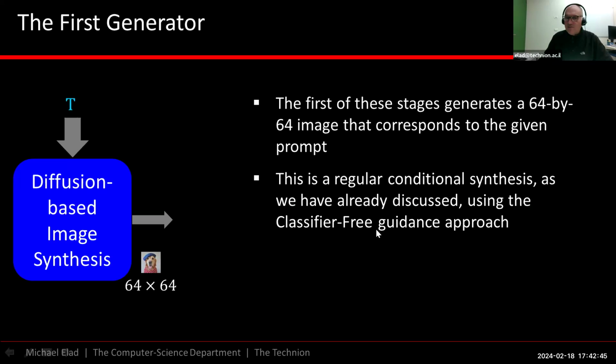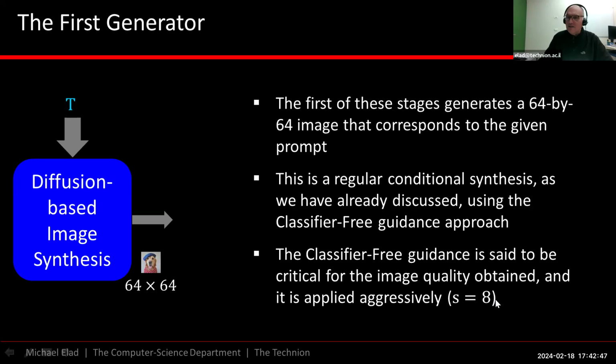And they do classifier-free guidance with S equals 8. So they squeeze S truly very high in order to get pronounced results. Okay, and they show in the paper what happens if S is smaller. You get images that serve the prompt itself less well. So they found that they need to push S. They are not the only one. I think Stable Diffusion is doing the same.